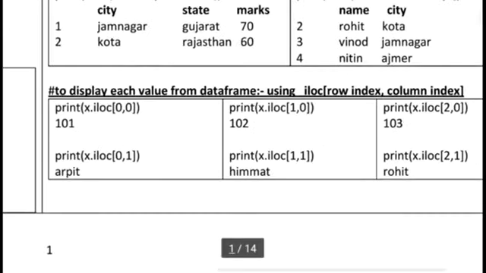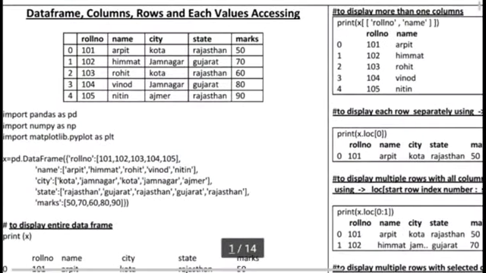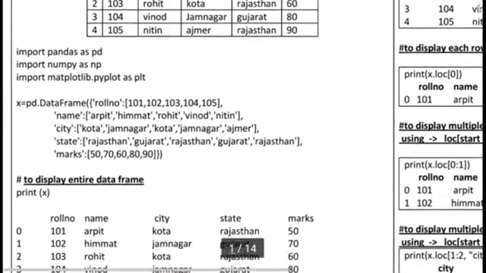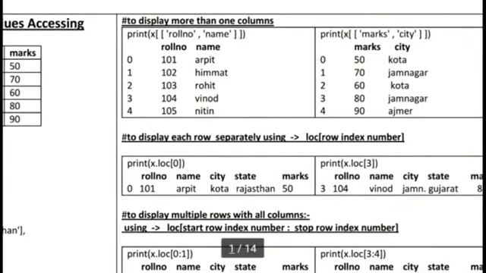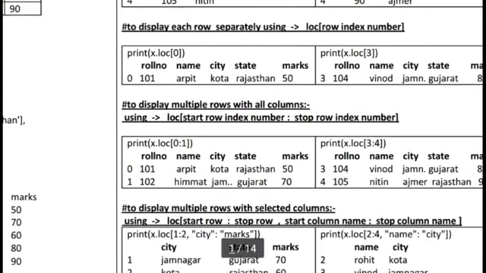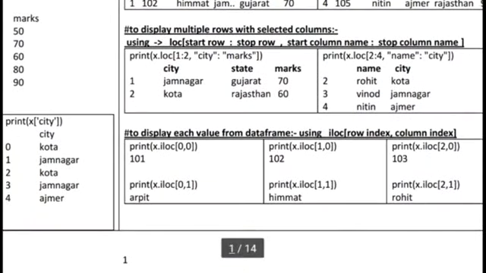Okay students, so today I discussed how to create a 2D array using many Python concepts: dictionary, list and data frame. We always use import pandas as pd to display each column, more than one column, each row, more than one row, and more than one row with selected columns, and we can access each and every value using iloc. So keep iloc and loc in mind for this purpose.